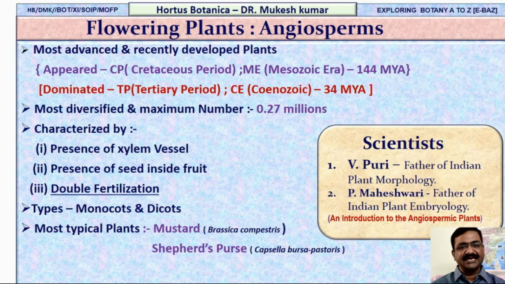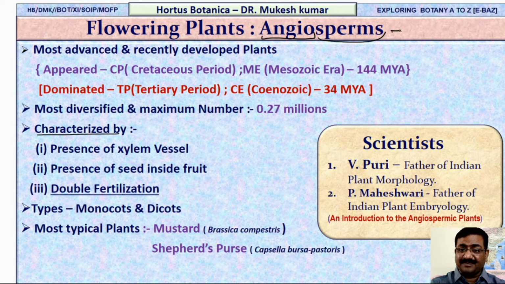Now, whenever you talk about flowering plants, it means angiosperms, right? We all know angio means concealed and sperm means seed. Seed is well covered. So the angiosperm is characterized by these important characteristics.